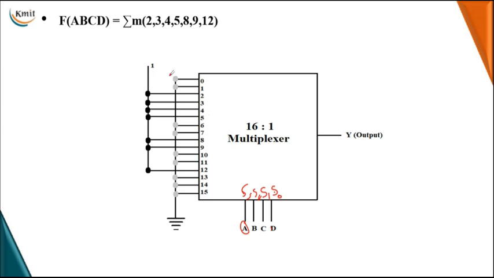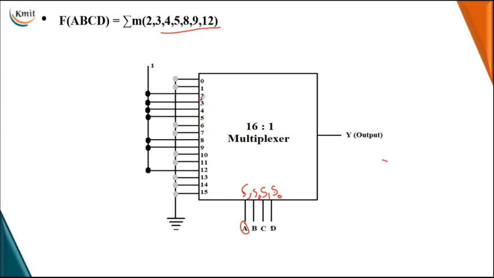Thereafter, as it is given, sigma m of 2, 3, 4, 5, 8, 9, 12, only these minterm functional values are logic 1 and the remaining minterm functional values are logic 0. So here we have 16 inputs. Out of these 16 inputs, we need to connect the inputs 2, 3, 4, 5, 8, 9 along with 12 to logic 1, since if I transfer logic 1 on an input, then only the output becomes logic 1.